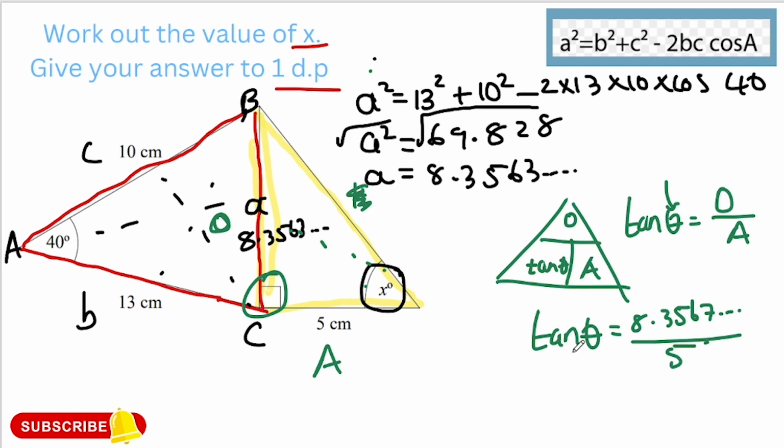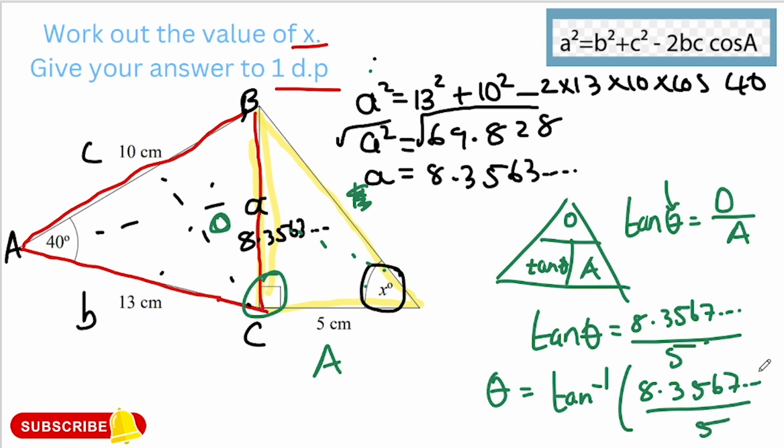Not interested in tan theta, however I am interested in theta. So theta equals tan minus 1 of 8.3563... divided by 5, and then theta equals 59.1. So well done if you got that question correct. If not, check through your answers.